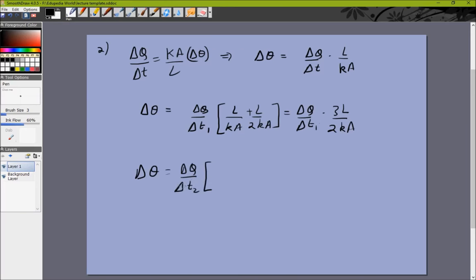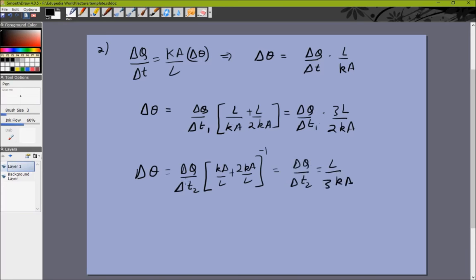Now they're in parallel, so their inverse will add up, and then we'll take the inverse of that. So you'll have Ka by L plus 2Ka by L, inverse. So this will be 3Ka by L, so inverse will be L by 3Ka. So delta Q by delta T2 is equal to L by 3Ka.